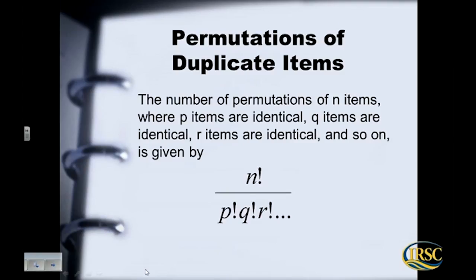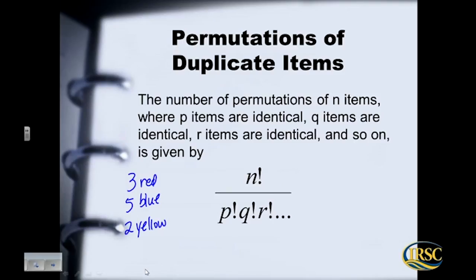Okay, the example I gave you was that you had 3 red cards, 5 blue, and 2 yellow. So how many total cards do you have? 3 red, 5 blue, and 2 yellow.